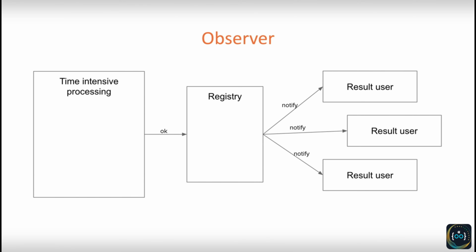In this kind of architecture, we can also have multiple types of results that can become available. So the users or the interested components would register their interest for specific results or for specific types of results, and then they only get notified when those results come in.